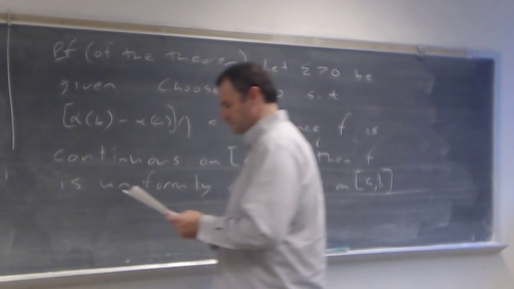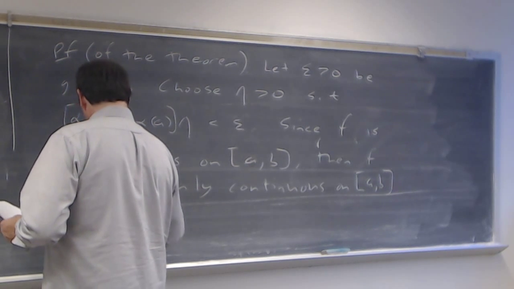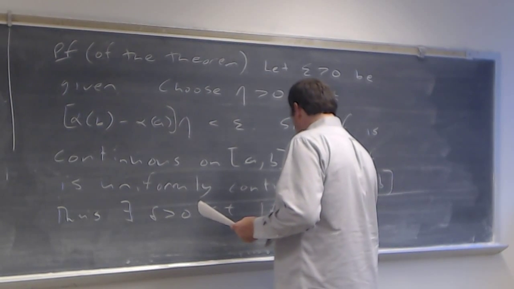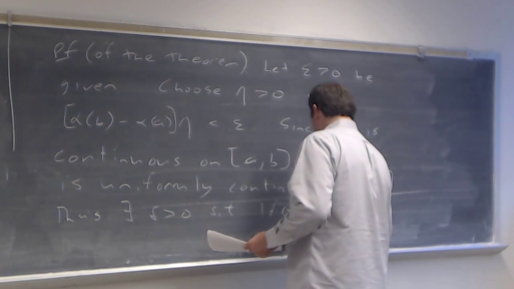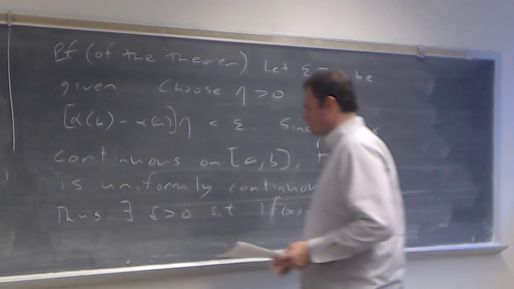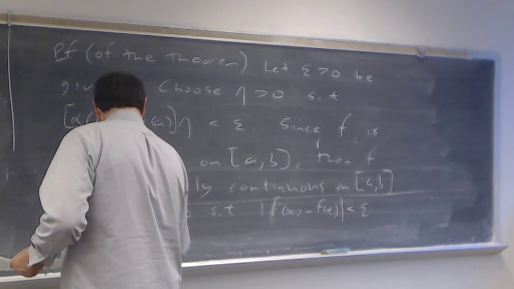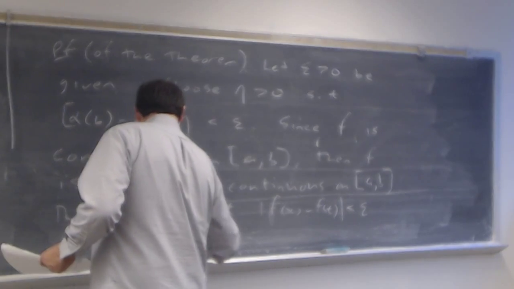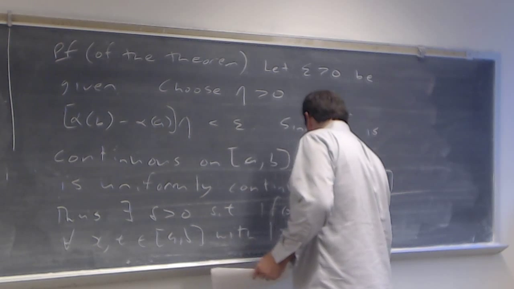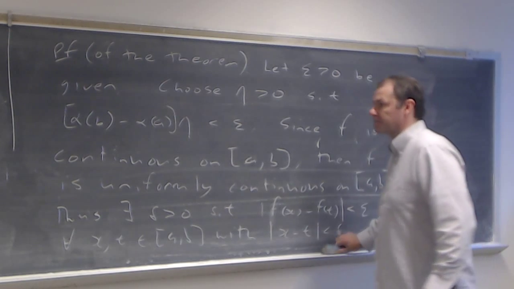That's one of the things we recall. Thus, there exists a delta greater than 0 such that the absolute value of f of x minus f of t will be less than epsilon, and that's true for all x and t elements of [a, b] with the absolute value of x minus t being less than delta. So this is the metric in R, which is again the metric in [a, b], which is in R.